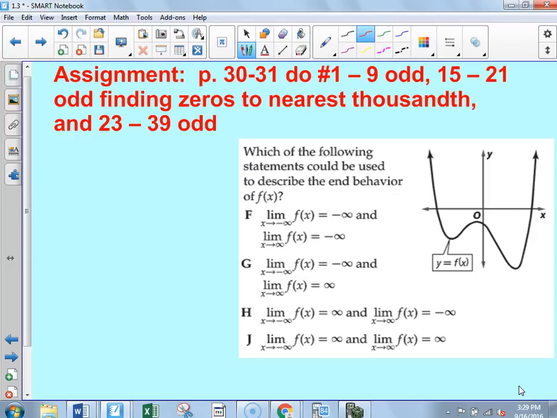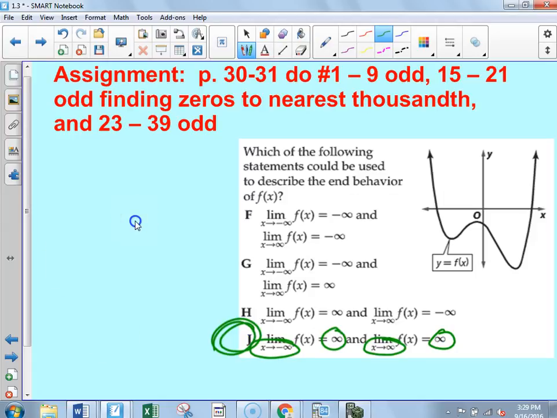Up. So I need infinity, infinity. Only one can work. As x is approaching negative infinity, it's up. As x is approaching infinity, it's up. So even though I didn't really teach you limit notation, you could pick out of those choices, yes?